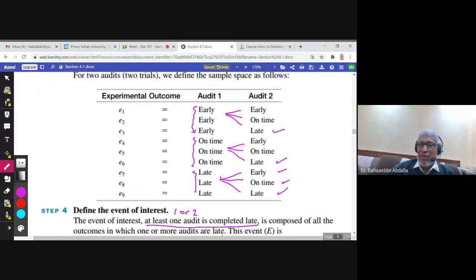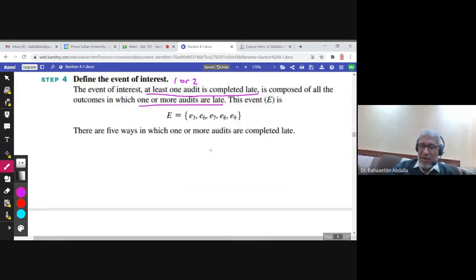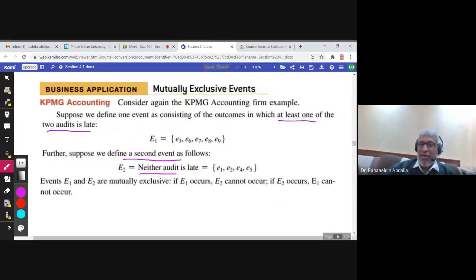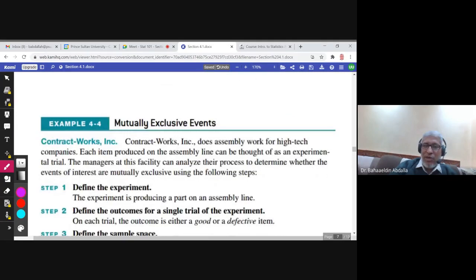So we will take E1, E2, E4, and E5. In fact, we are taking all the outcomes that are not in the first event. So these two events are mutually exclusive because if one occurs, the other cannot occur. If one of them is late, you cannot have the case where neither is late. So this is the meaning of two events being mutually exclusive.